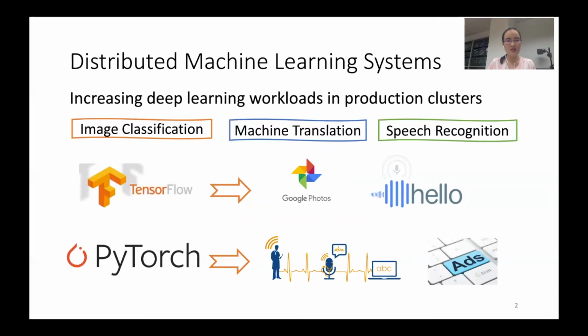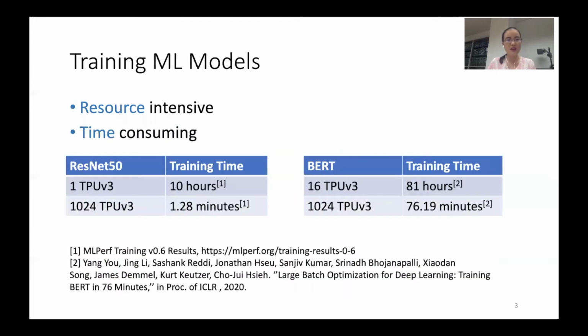In these companies, they need to deploy and run the machine learning models in their clusters to provide their online services. However, training the machine learning models is resource-intensive and time-consuming because most machine learning models rely on GPUs and they require thousands of epochs to converge.